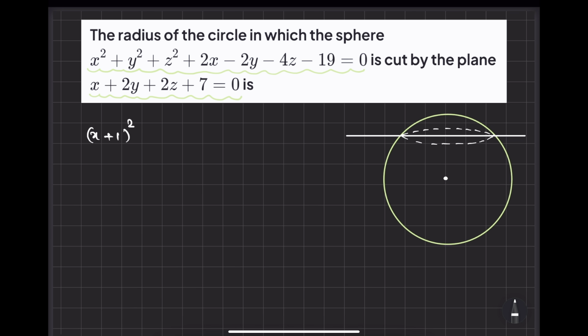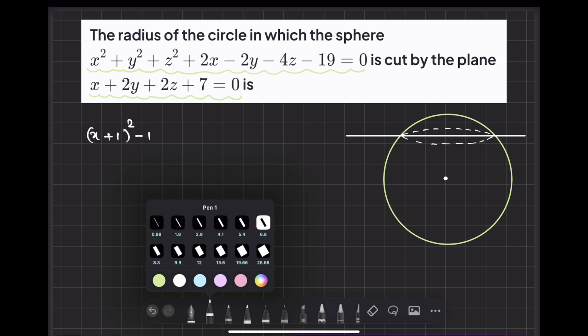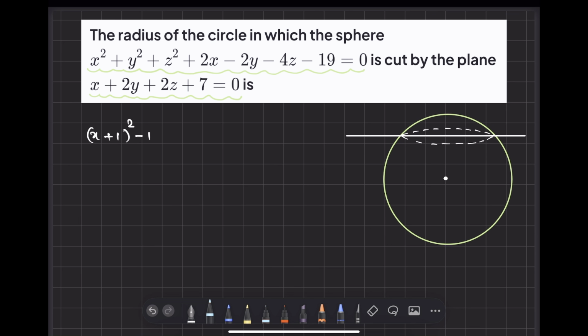If I write x plus 1 whole square, I have introduced 1 square extra, so I have to reduce 1 square. Now y square minus 2y: y square will become a square and minus 2y will become minus 2ab. So we will write y minus 1 whole square. I have added 1 square extra, so I will subtract 1.